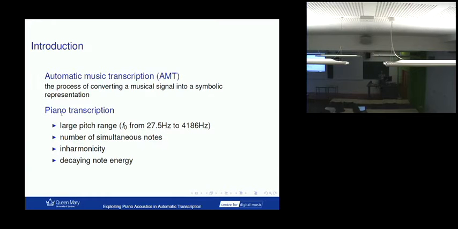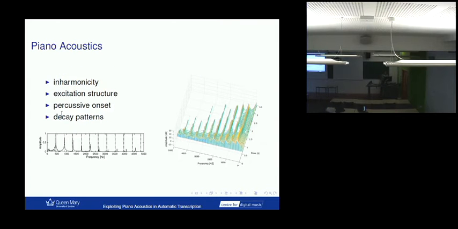The number of simultaneous notes is also very big. It can be more than 10 notes at the same time with a sustain pedal. And the harmonicity and the decaying note energy are also related to the piano acoustics, the construction of the piano, which we will introduce later.